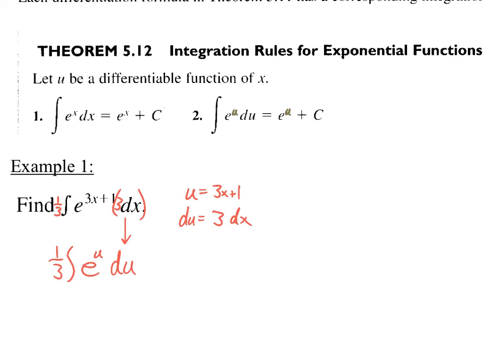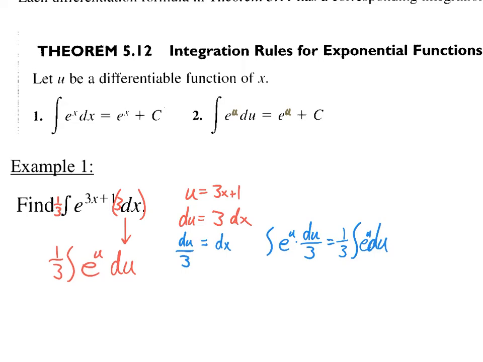Remember, the alternative method is also to just solve for dx, that's du over 3, and then I can substitute that in. The integral of e to the u times du over 3, and then I pull the 1/3 out in front, and I have the integral of e to the u du. However you like to see that is fine.